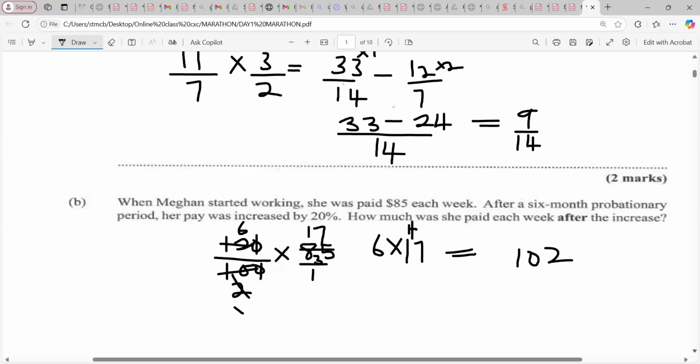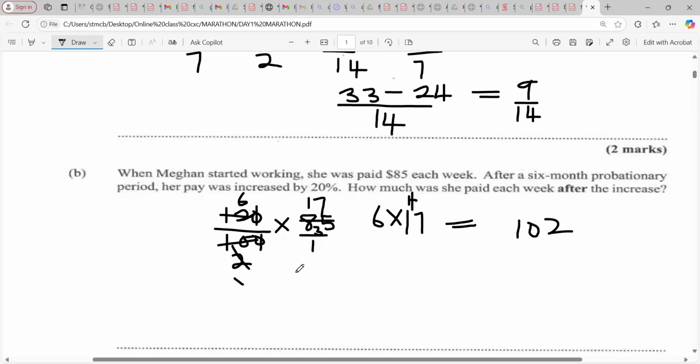Another way you could do it is this. You could find 20%. 20% is the same as dividing by 5, right? So we could find 20% of the 85 and then we add it. 5 into 85 is 17.